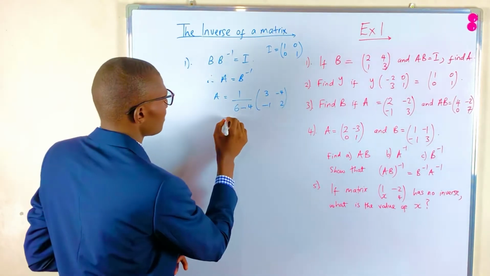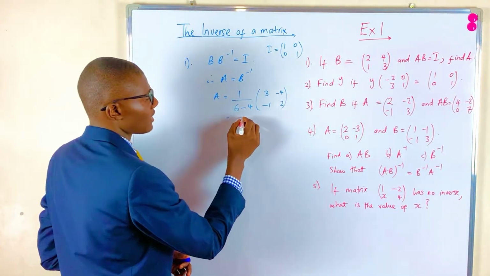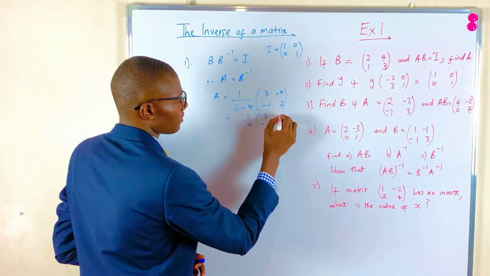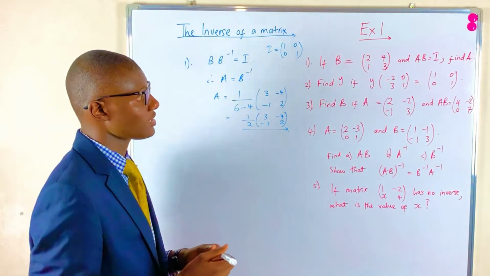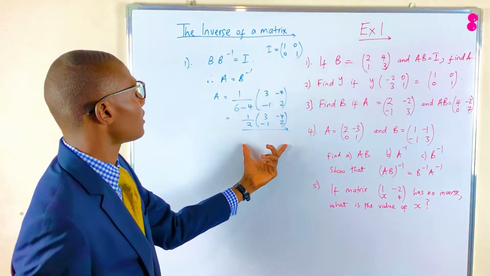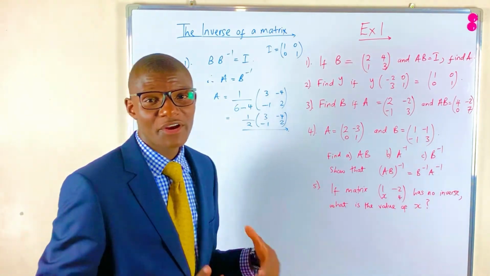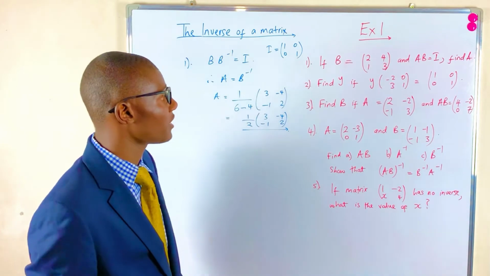Like this, such that the inverse is 1 over 2, 3, minus 1, minus 4, 2. So this is A. This is the A that we're required to find, A being the inverse of B.